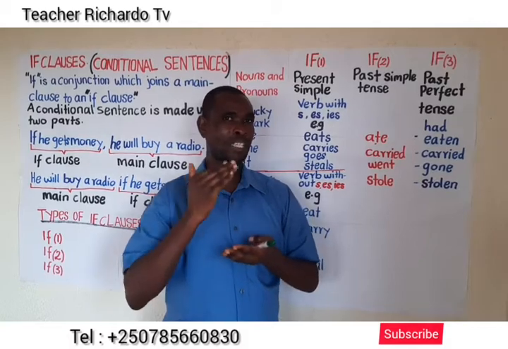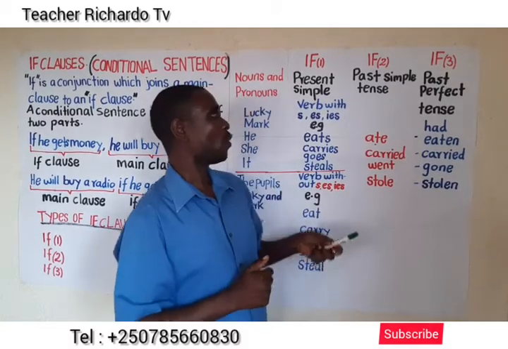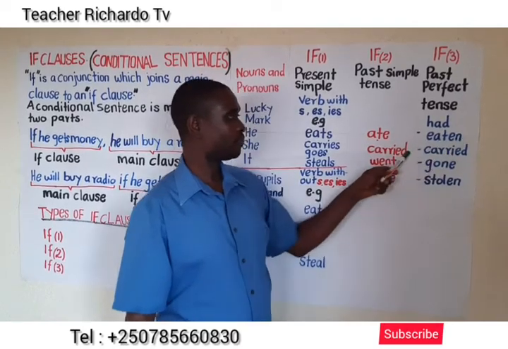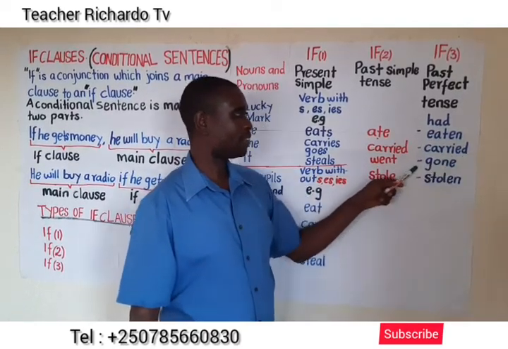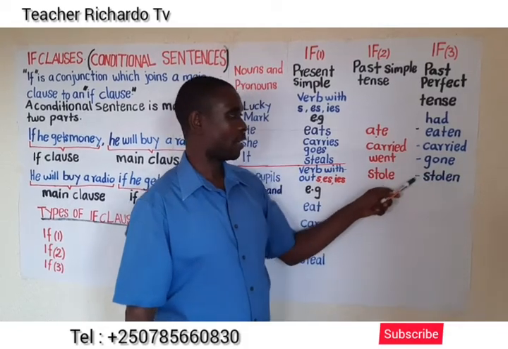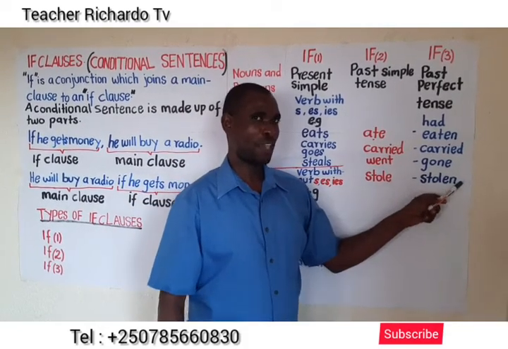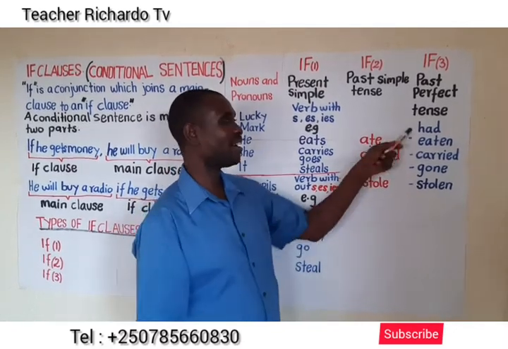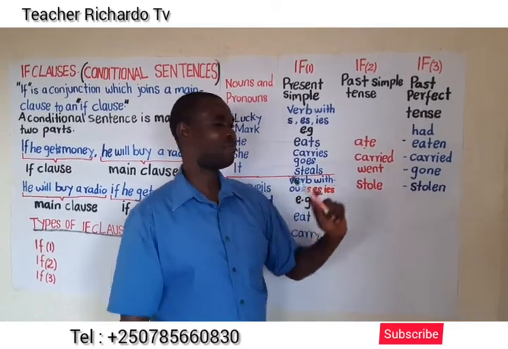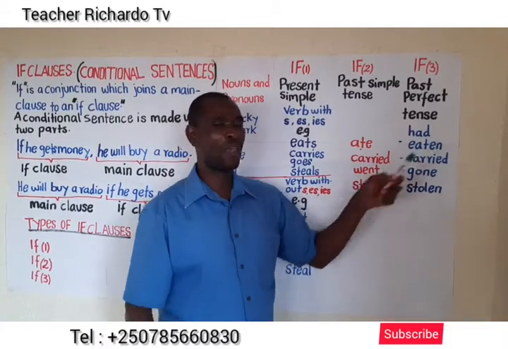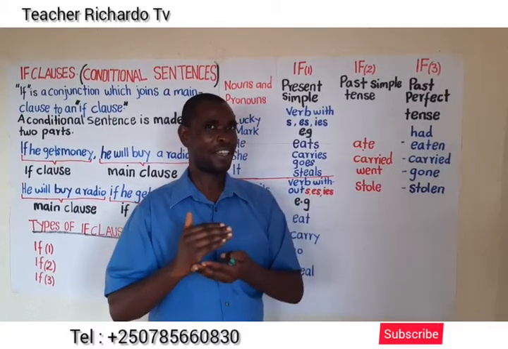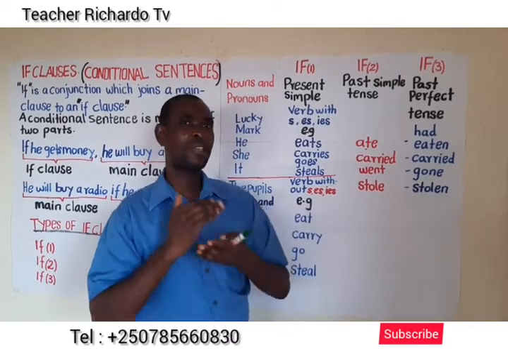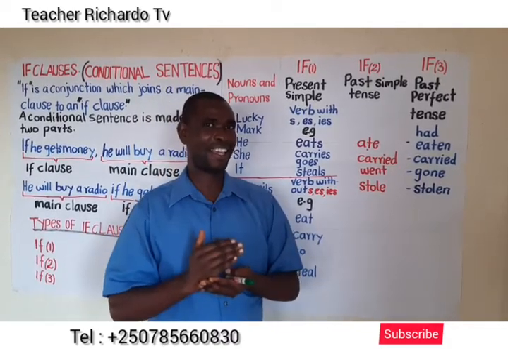You use the participle of the verb: had eaten, carried, gone, stop. In if 3, you must have the word had plus the main verb in participle form. That is what we say is past perfect tense.